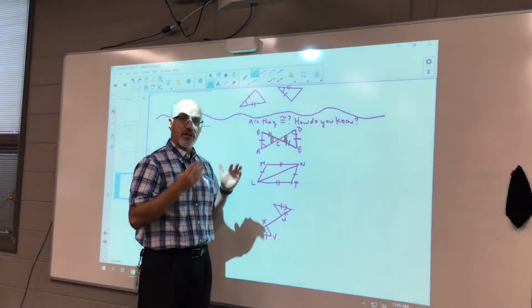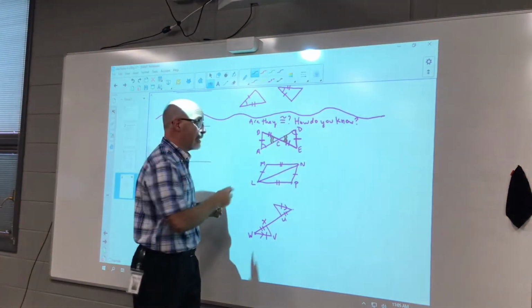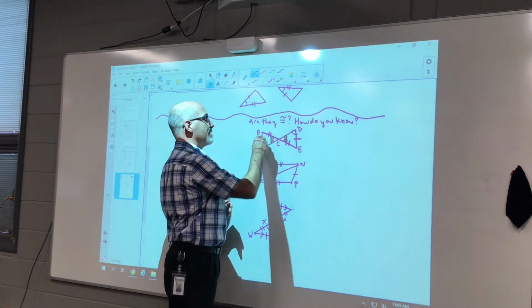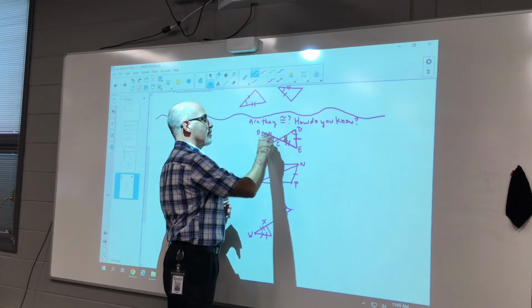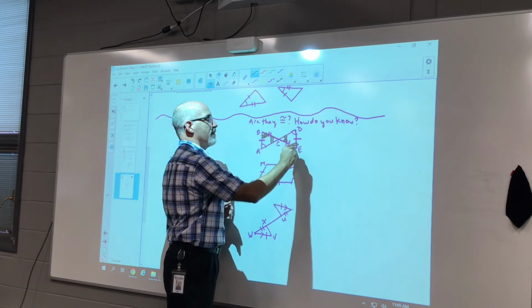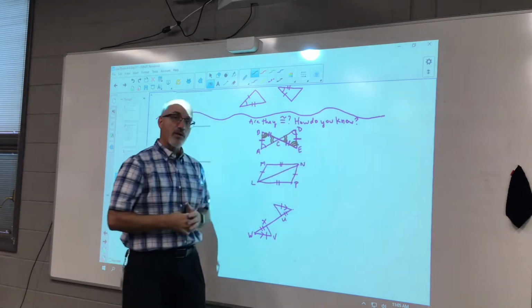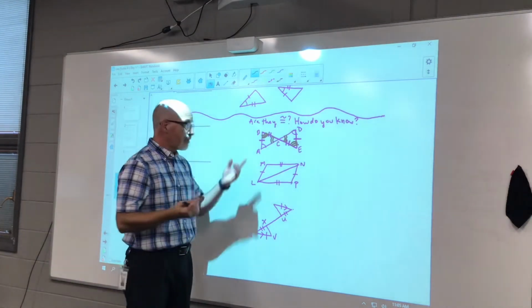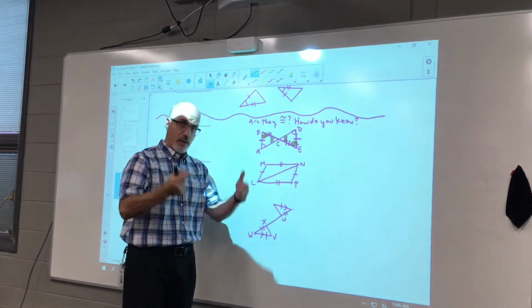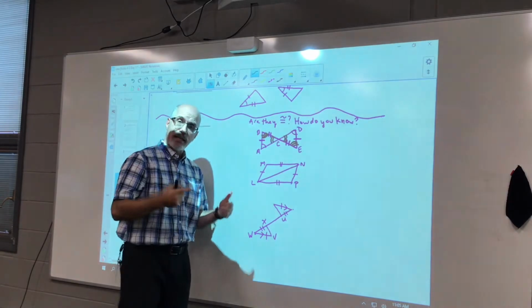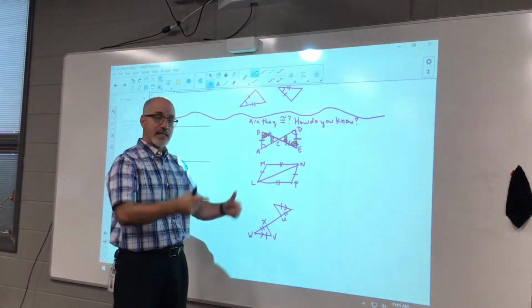This was called the third angle theorem that we did earlier. We know that this angle has got to be congruent to this angle if you get rid of the two pairs of congruent angles from 180. So we can reason our way to get to that point. That's kind of the deductive reasoning to get there.